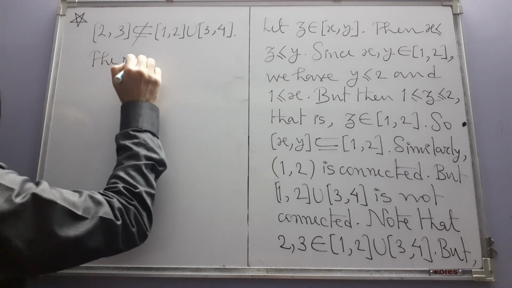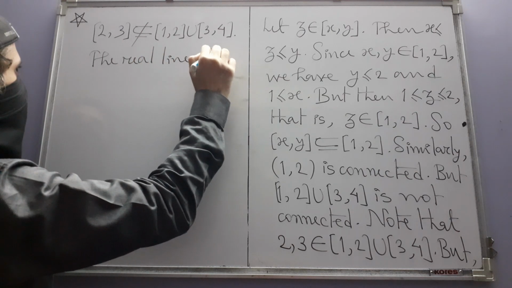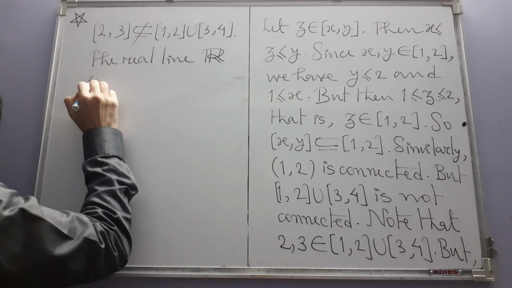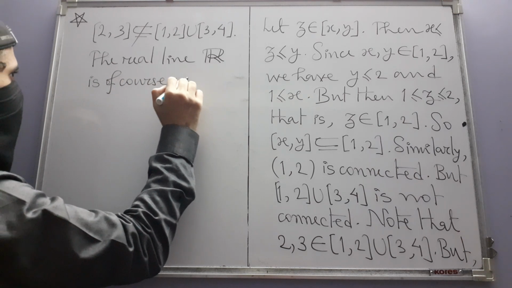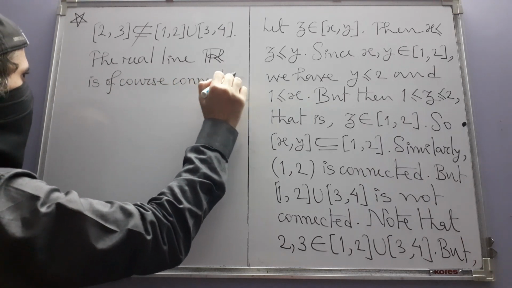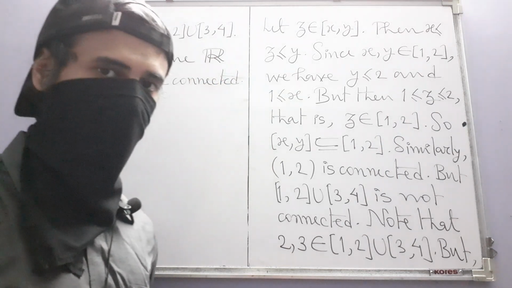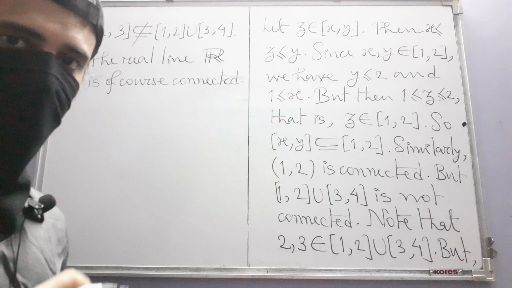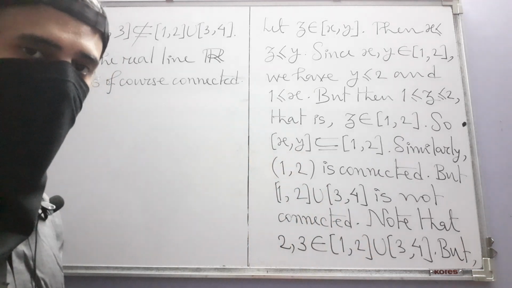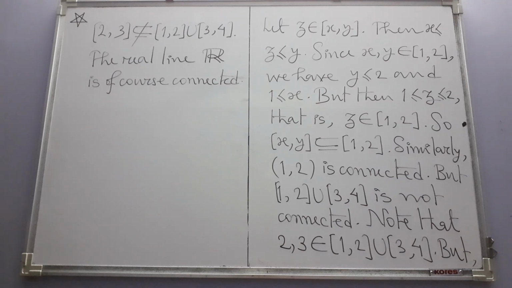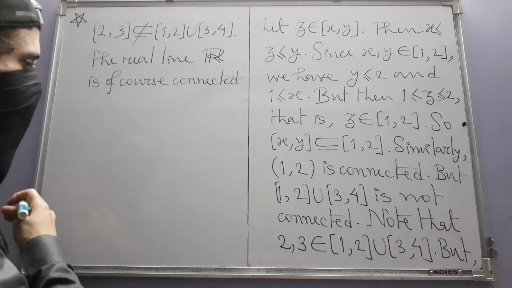The real line is of course connected. Because you take any two elements x and y in R, say x is less than y, then the closed interval of course is again a subset of R. So R is connected, and geometrically you can see parallelly, okay.